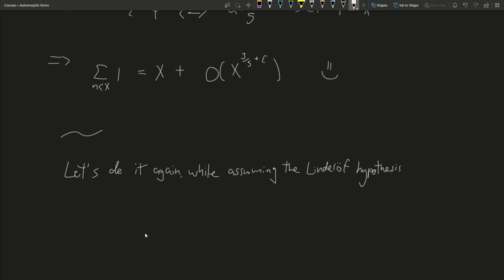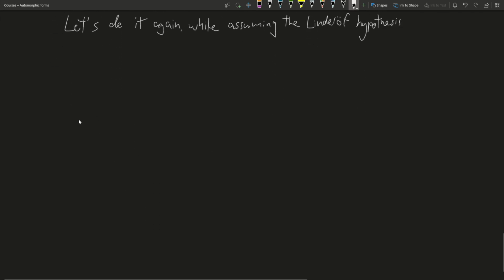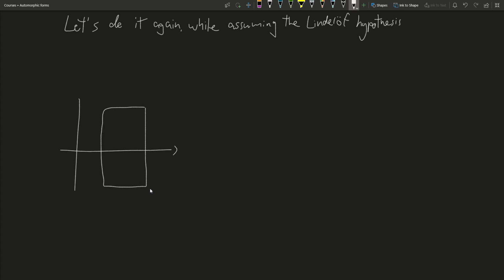Okay, so it's going to be the same strategy for simplicity. We're going to look at this rectangle from 1 plus epsilon plus it to 1 half plus epsilon plus it to 1 half plus epsilon minus it to 1 plus epsilon minus it. Again, we have our pole at s equals 1.